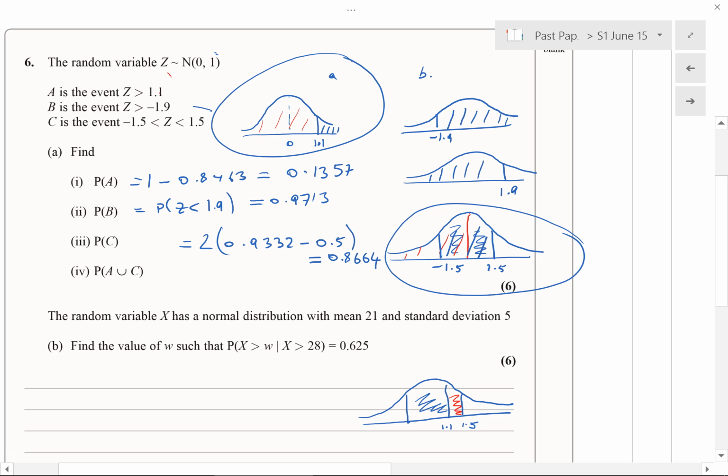So that's the intersection. So let's work that out and then use the addition rule to come up with the final answer. So P(A intersection C) is equal to the probability that Z is greater than 1.1 and less than 1.5. So that's the probability that Z is less than 1.5, take away the probability that Z is less than 1.1.